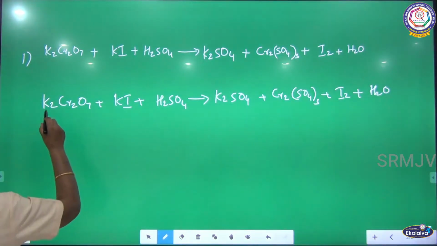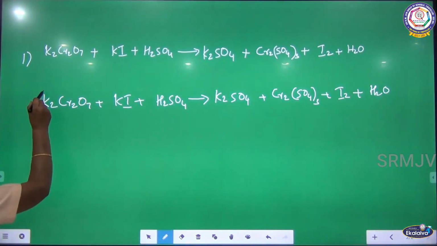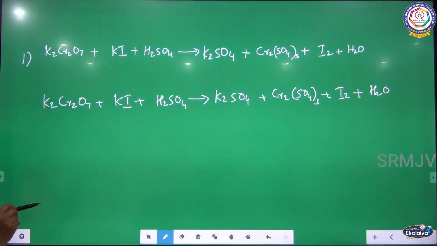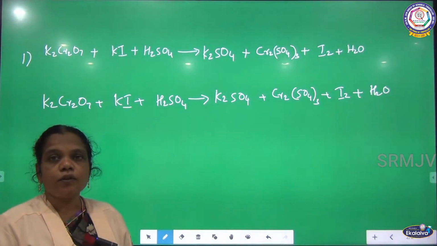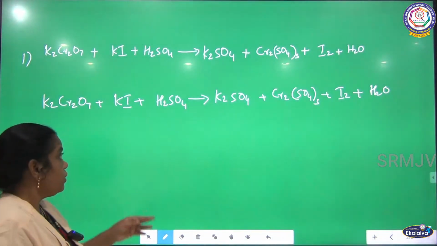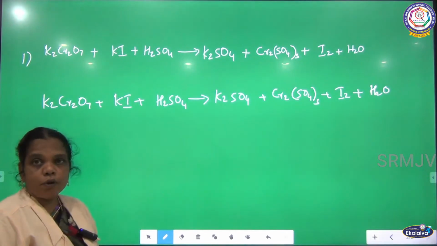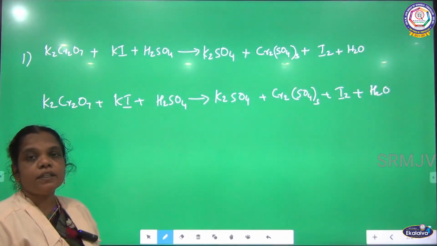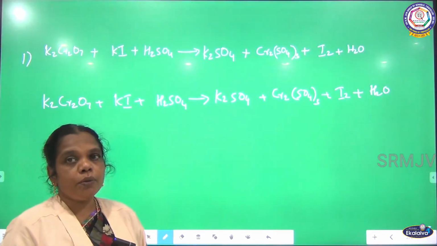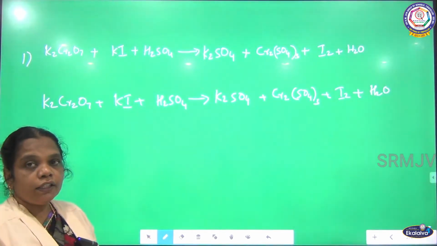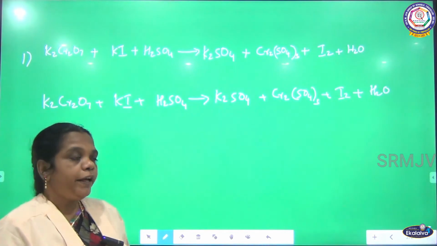For potassium, you know that all the electropositive elements have a +1 oxidation state, so there is no change. In oxygen also you know the oxidation state is -2, except in some cases like peroxide and superoxide. In the remaining combinations, the oxidation state of oxygen is -2.